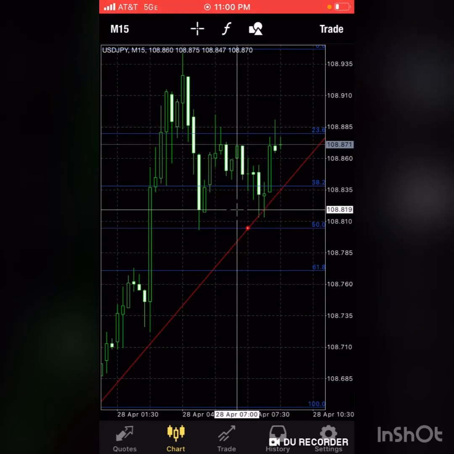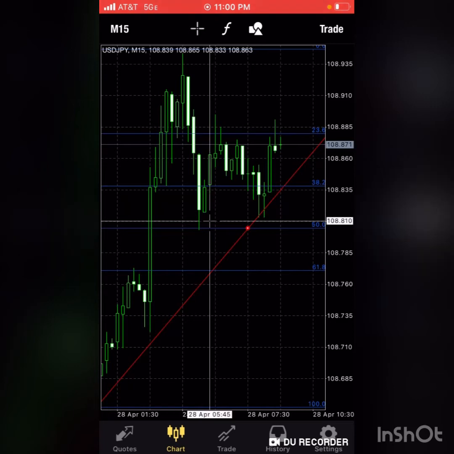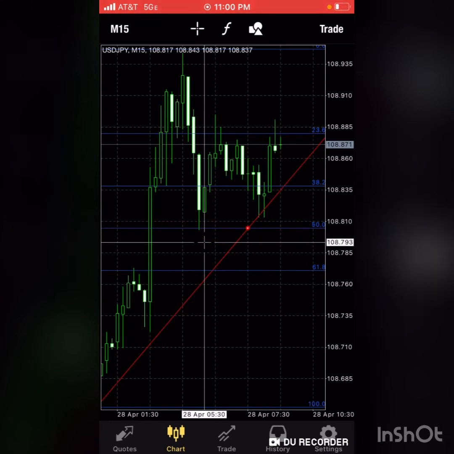Cool. More confirmation, right? Now, this is important. It's really important. I'm going to point this out here for you guys. Within these zones, I'm looking for candlestick patterns. So first I want to see where the trend is going, draw my trend lines on the lower time frame. Then I'm looking for retracements.